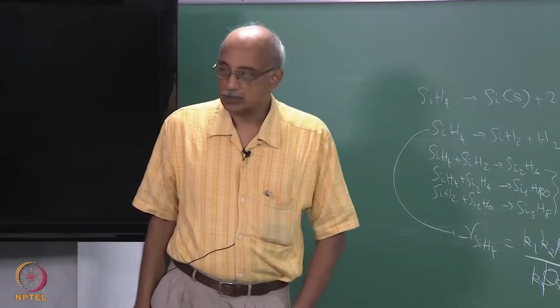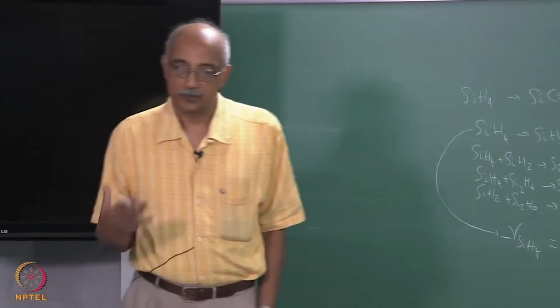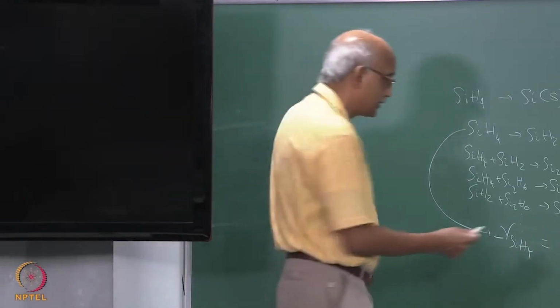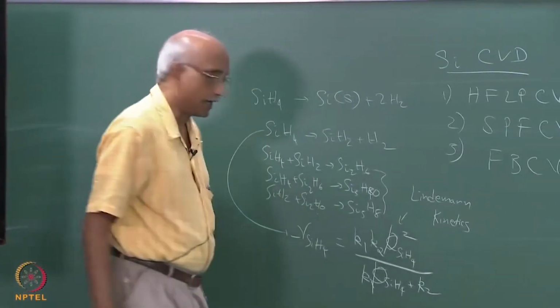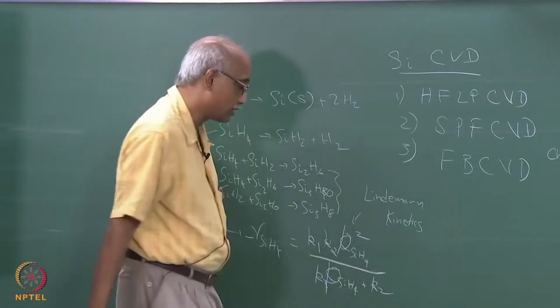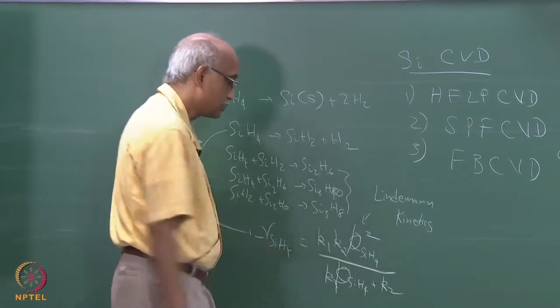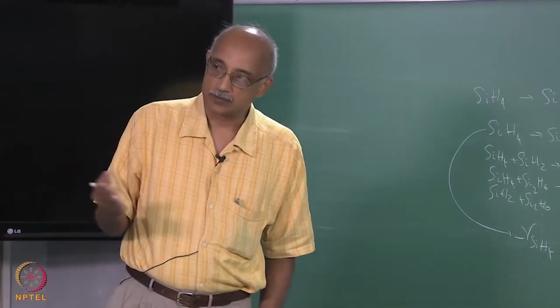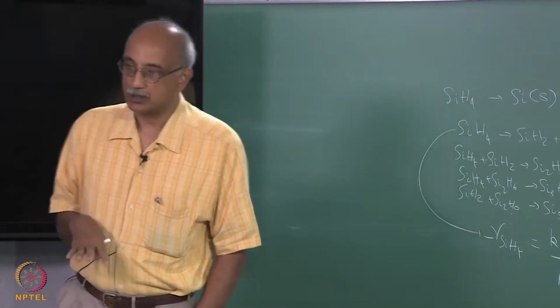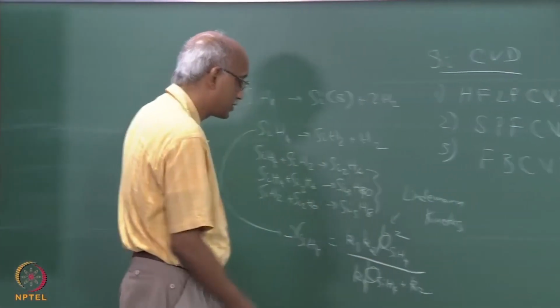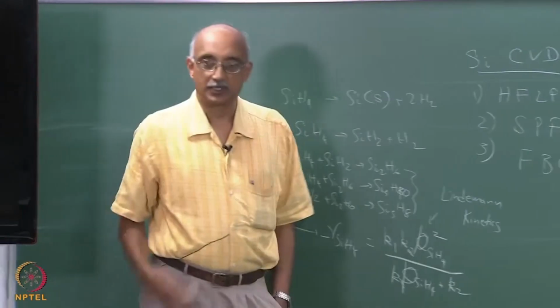When the partial pressures are high, in other words when the system pressure is close to atmospheric pressure, then this behaves like a first order reaction, because K1 P SiH4 becomes much larger than K2 and these two cancel. So, essentially it becomes K1 times P SiH4, which is a first order reaction. However, as you lower the pressure and you start using LPCVD, this term becomes dominant compared to this term. So, now it becomes a second order reaction.